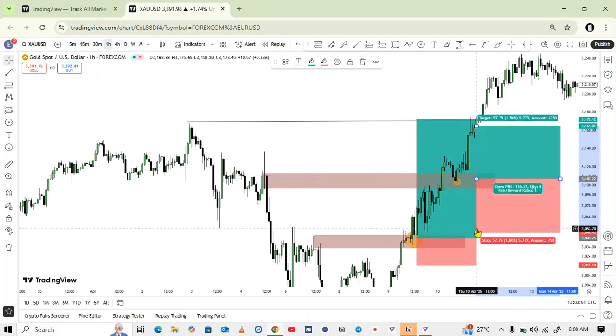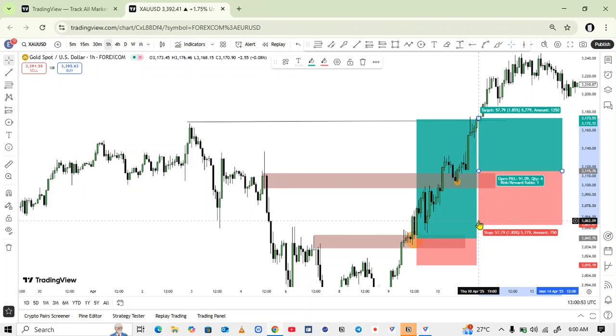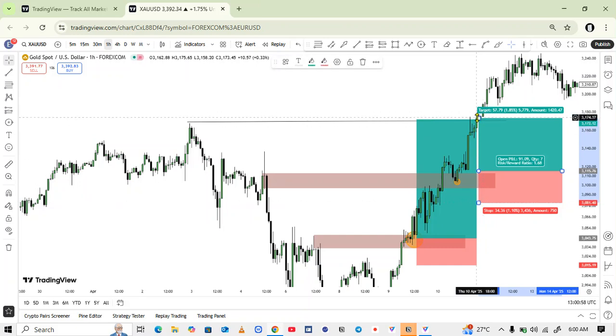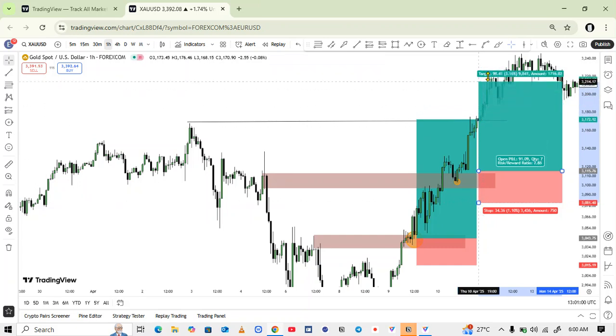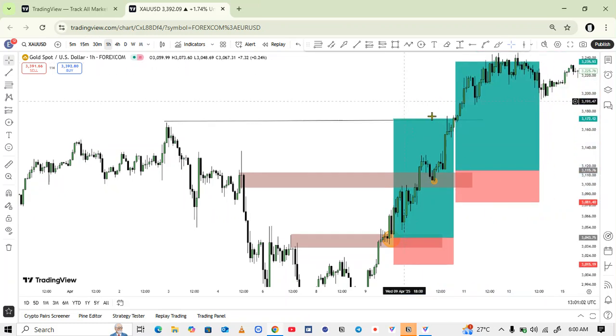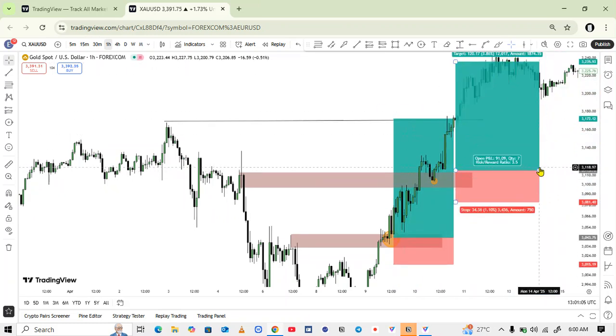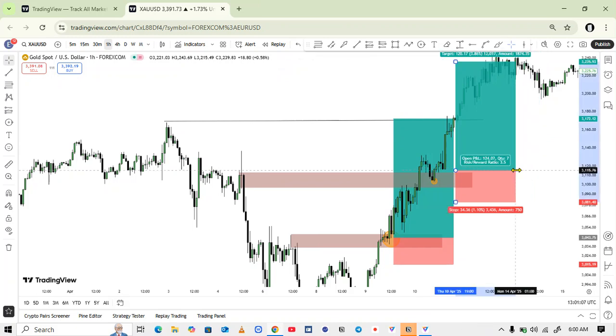Enter here, your stop loss should be below here, and you target the opposite liquidity. This is a two-setup entry model that was framed on gold on the topic of reclaimed order block.